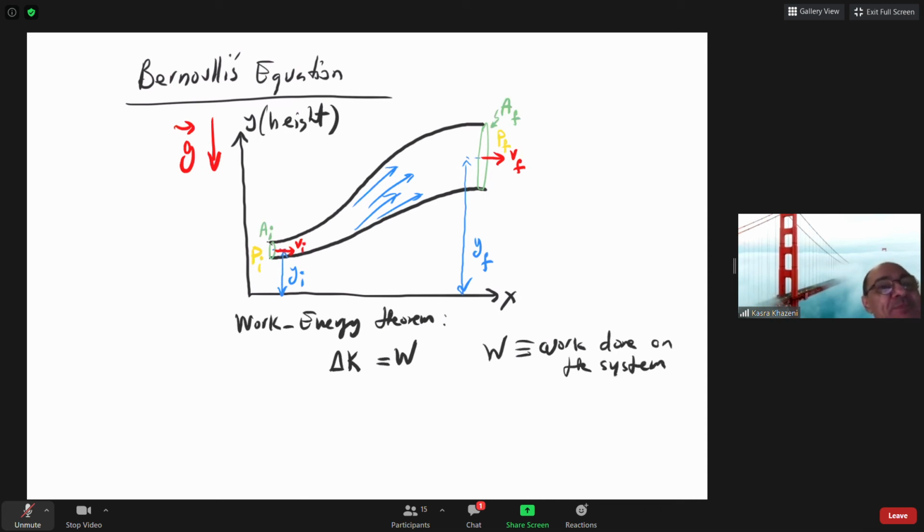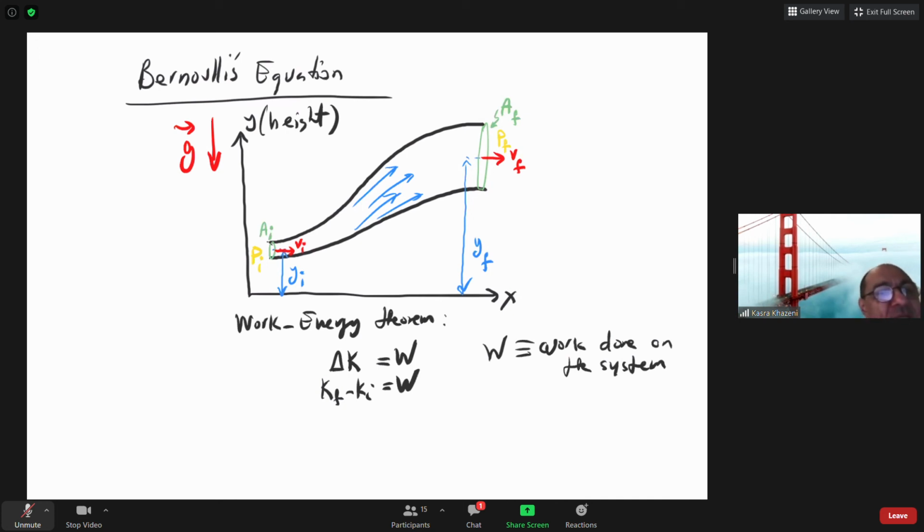All right. Well, this is pretty easy. K final minus K initial is equal to W. Now, the question is, what is K final minus K initial?